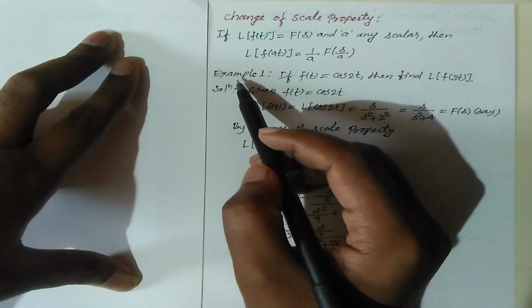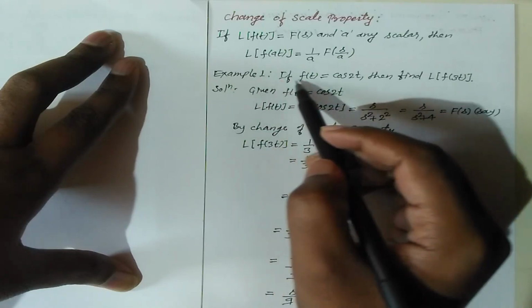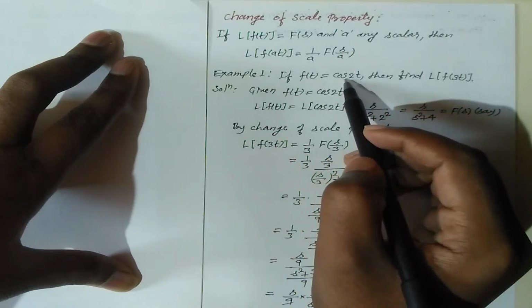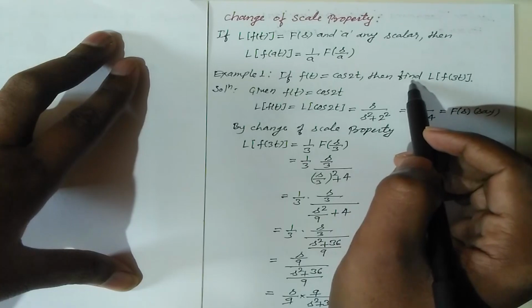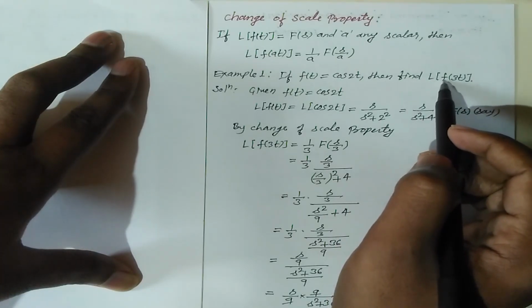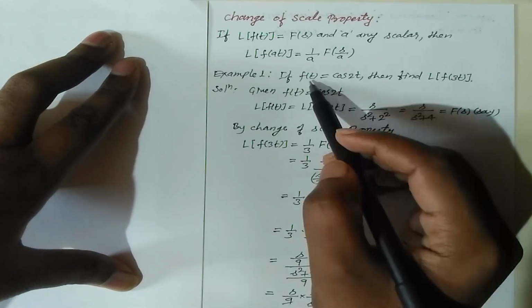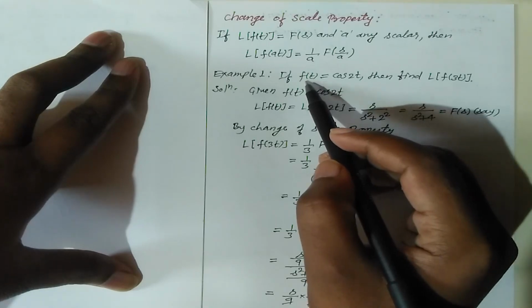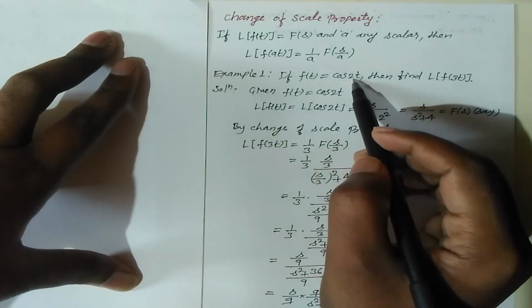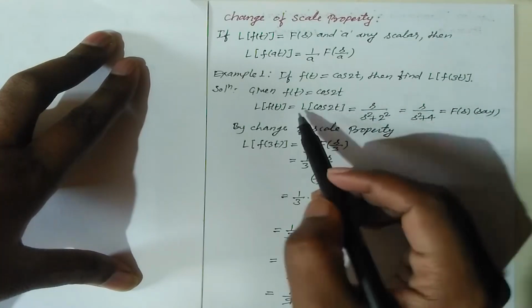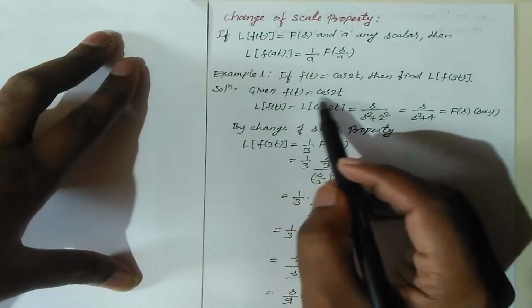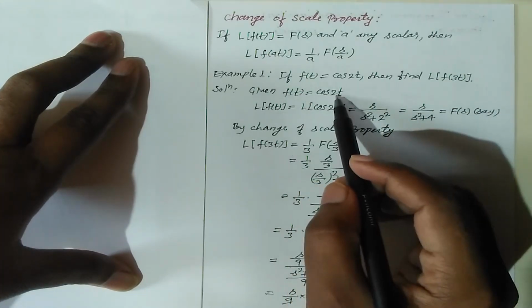Let us see the example. Example number 1. If f(t) equals cos 2t, then find the Laplace transform of f(3t). First of all, we will write the given function f(t) equals cos 2t as it is. Then we will apply Laplace transform on both sides.